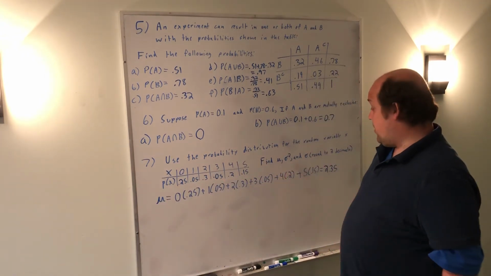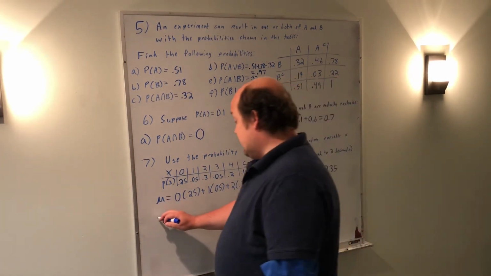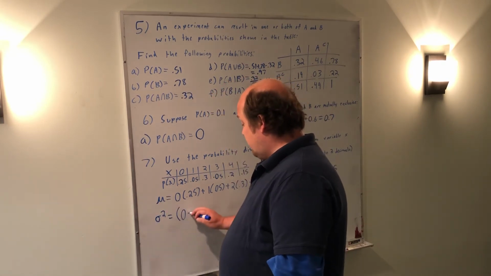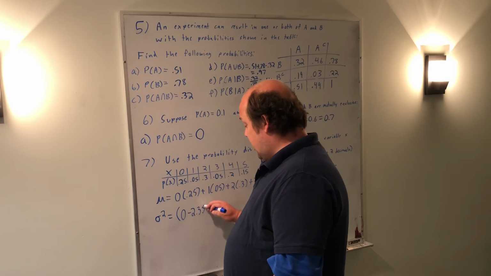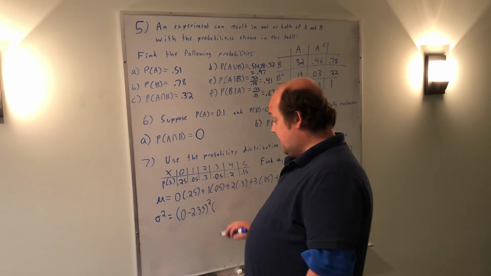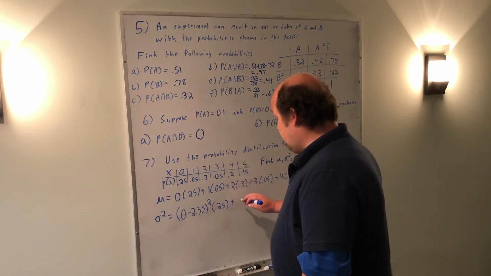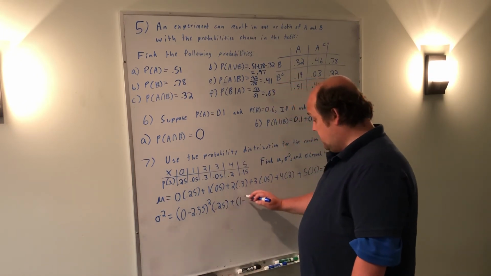When I now go to try and find sigma squared, I need to take each of these individual x values, subtract the mean that I just found of 2.35, square the result, and then multiply by its probability. I need to do this for each of the possible values.